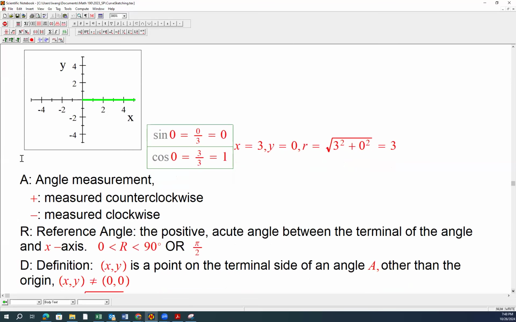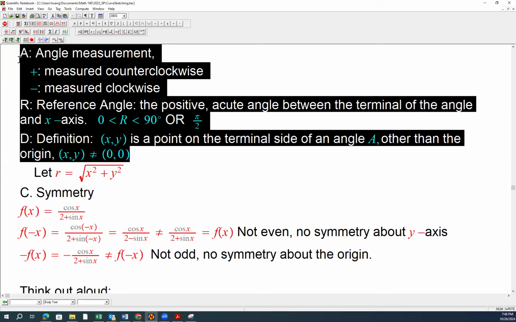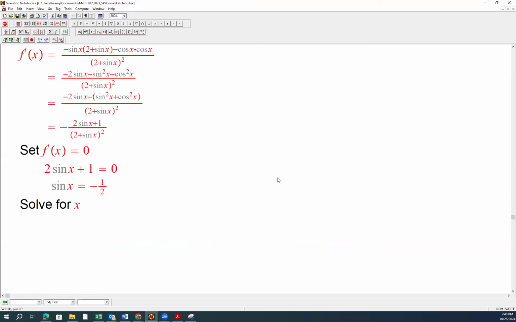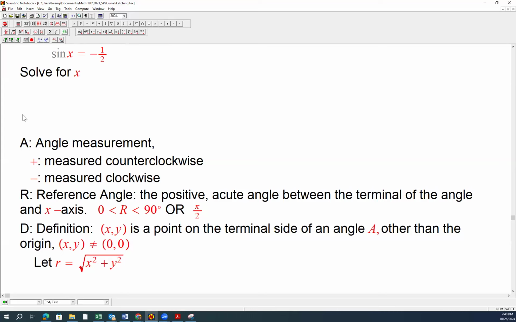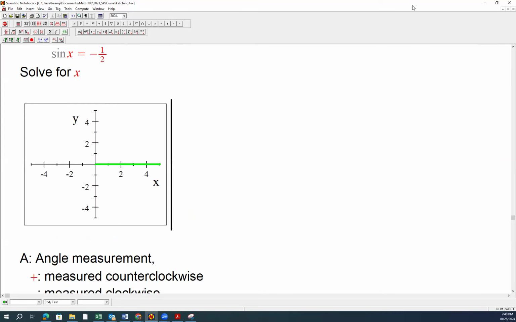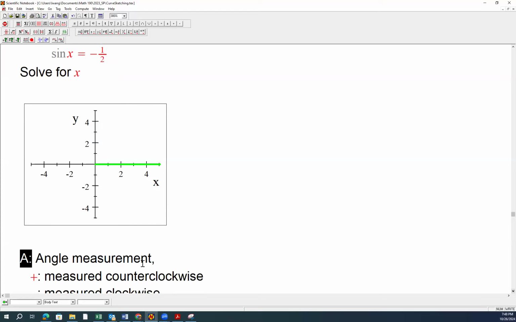So I'm going to copy and paste all of this to my sketch paper here. There we go. And I also have this piece over here. All right, so let's get started. How do we find all the x such that sine of x equals negative half? X plays the role of the angle, so angle measurement would apply.